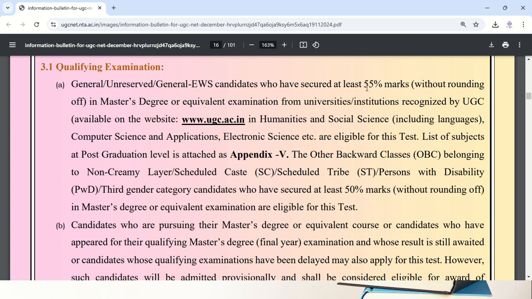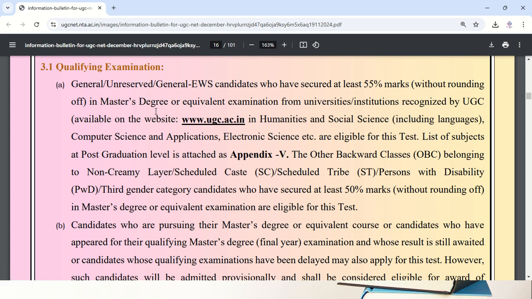Those persons should have a minimum of 55%. Suppose you get 54.9, it will not be covered. Without rounding off, you need to get 55% in your mark sheet. So that's very important.